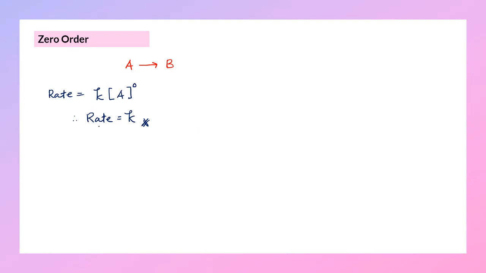If you refer to the rate law equation, you can see that the reaction rate is not influenced by the concentration of A. The rate of reaction is not influenced by the concentration of the reactant. So in this case, the reactant is A. Let's say, what happens if I increase the concentration of A 2 times?